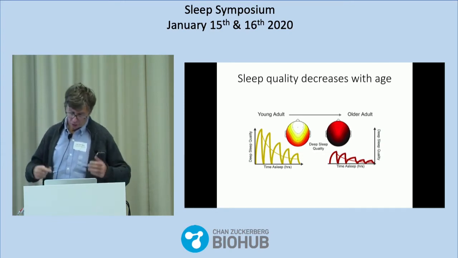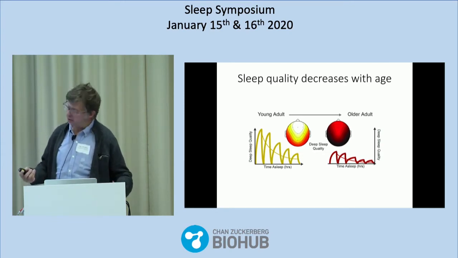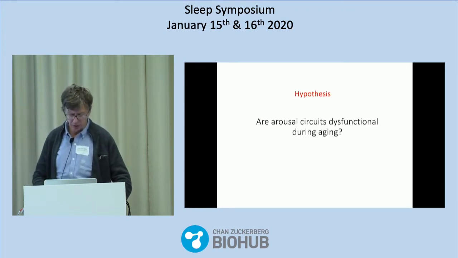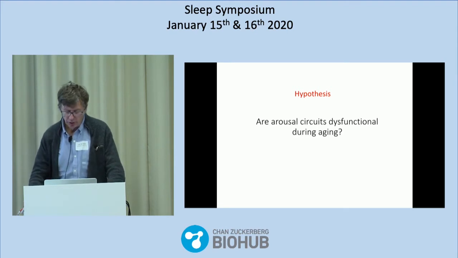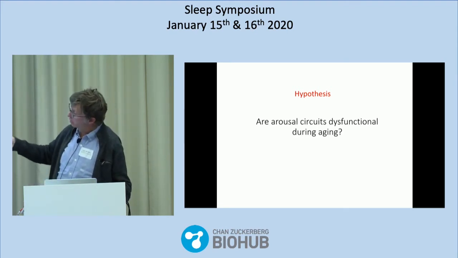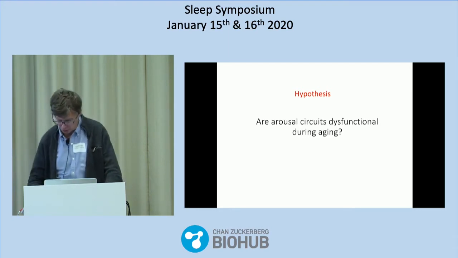We also asked, why is it that sleep quality decreases and sleep fragmentation increases with age? So the hypothesis was that the arousal circuits that we have identified over the years are dysfunctional during aging.